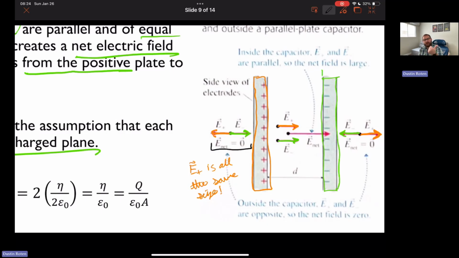Remember, they're equal strength but opposite directions. So these are going to cancel out. These cancel out. So it looks like there's no field outside of the plate. However, look at what happens on the inside.